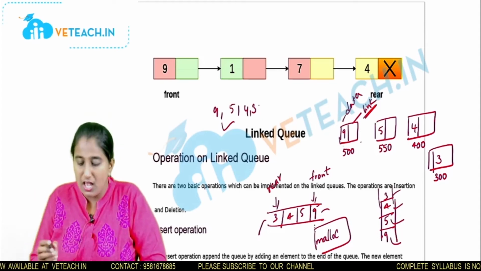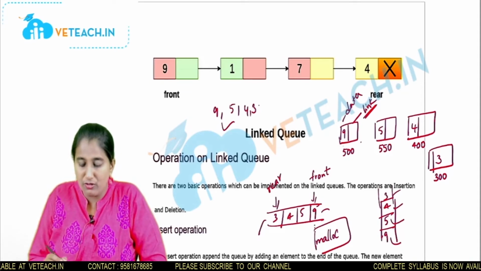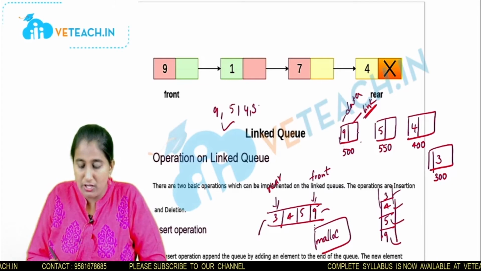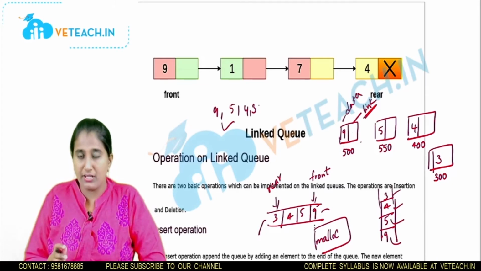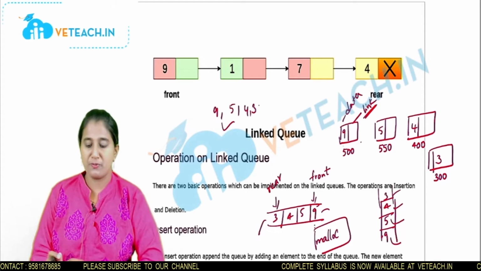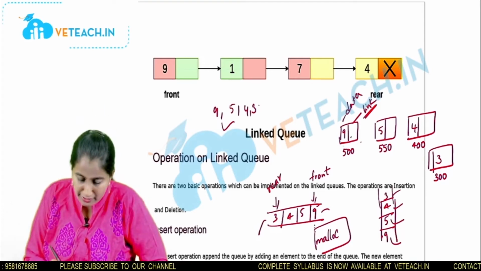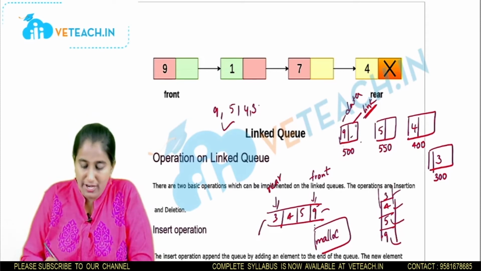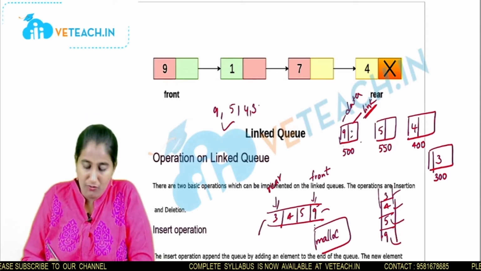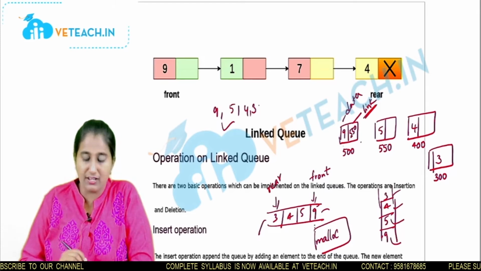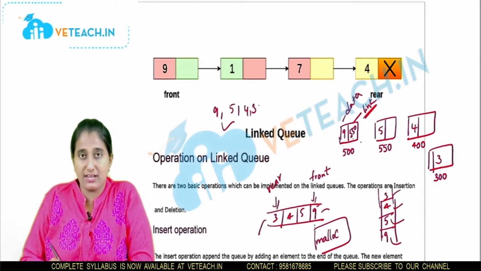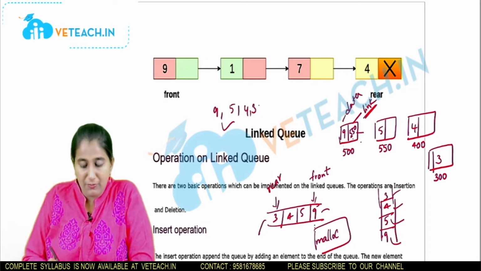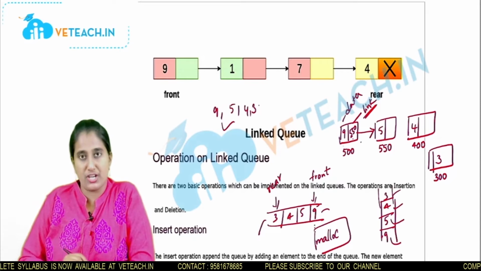Now according to the representation, what is the node after 9? 5. In order to follow the queue principle, we should take the address of node 5 and fill it in the link. What is the node 5 address? 550. The link having 550 means it points to the 550 location.